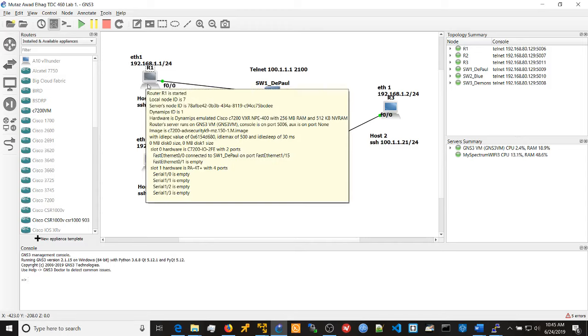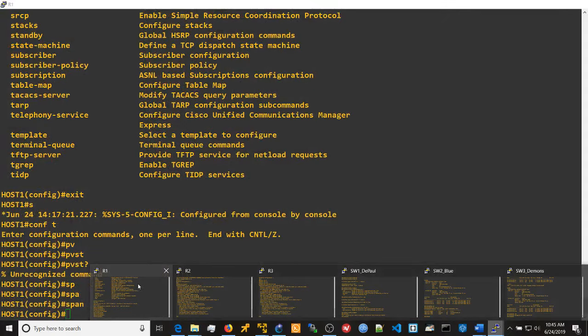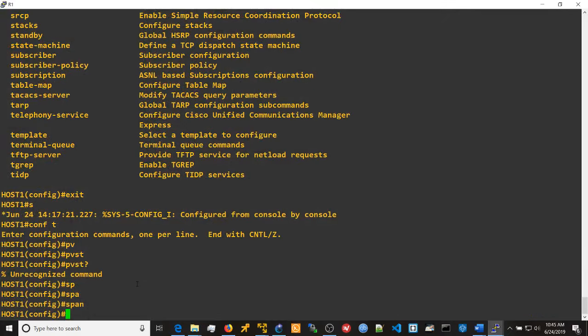As we see here, it's the router, but I configured it as a host by initiating the command no ip routing.